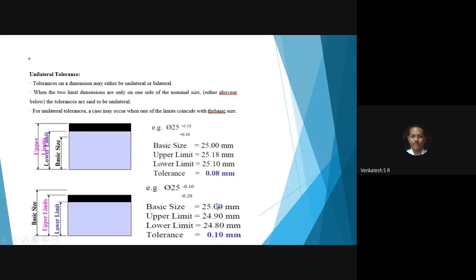Next, come to the point, tolerance. The tolerance is the difference between the upper limit and the lower limit.